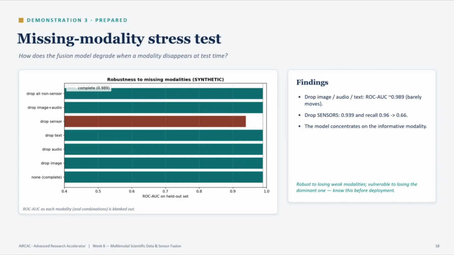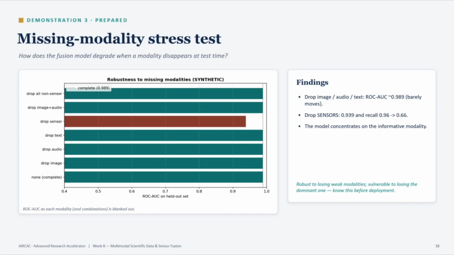Here, we drop the sensors one by one, or we drop all the sensors. When we drop one modality, we can see how dropping sensors affects the model, and this is a stress test for when something is missing.